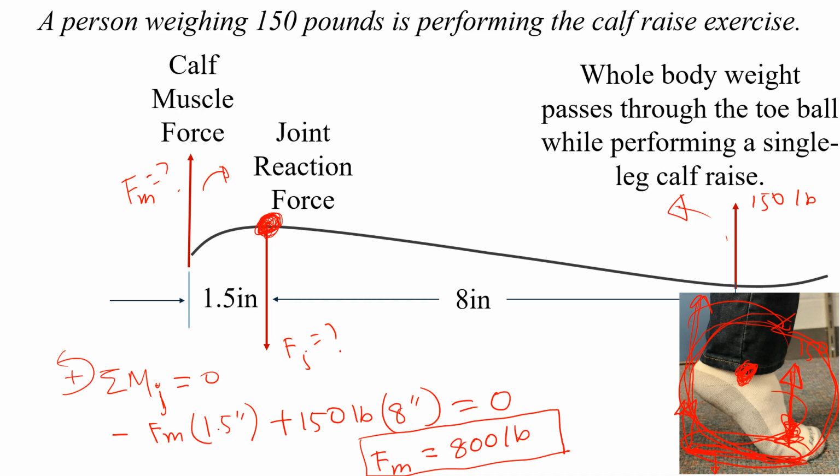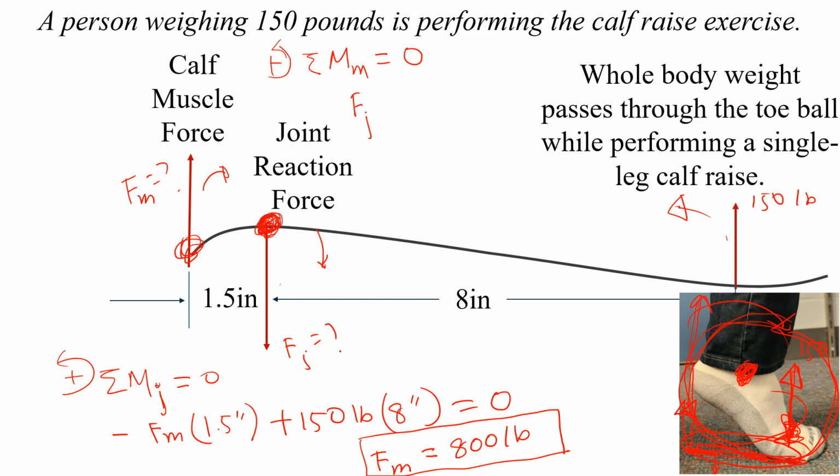Now, if you want to find out the joint reaction force, similarly, you can do two things. You can apply moments again, counterclockwise positive, all moments sum to zero. Now you take moments with respect to the muscle insertion point, the Achilles tendon. Here, if you take moments right at this point and everything sums to zero, this joint force will make a clockwise moment.